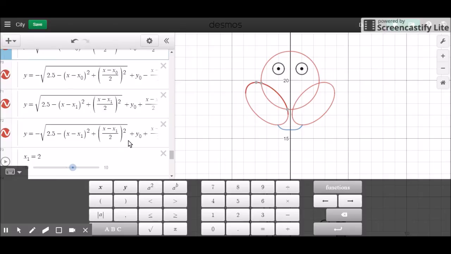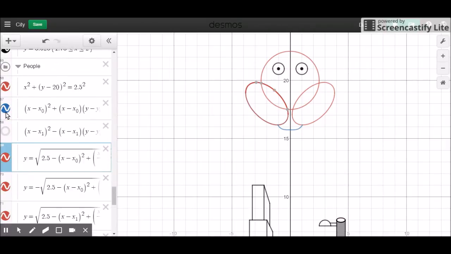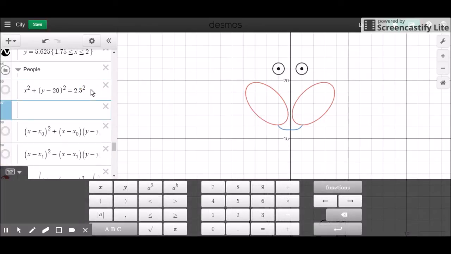I don't know how I got that copied over. But anyways, the 2.5 shouldn't be squared if you're following along. And I have these two equations temporarily derendered. I also derender this one and just break this into two pieces like I did with the other ones.